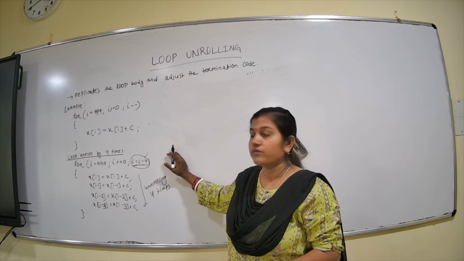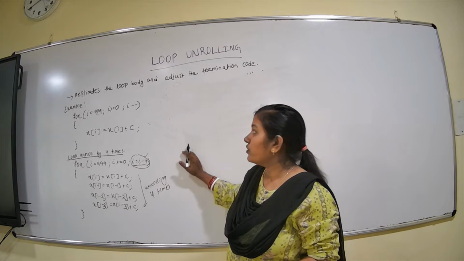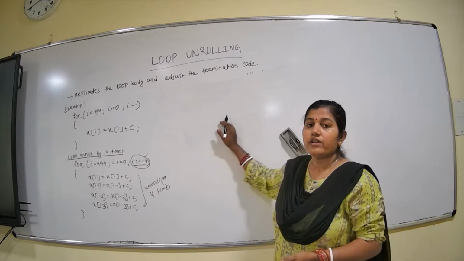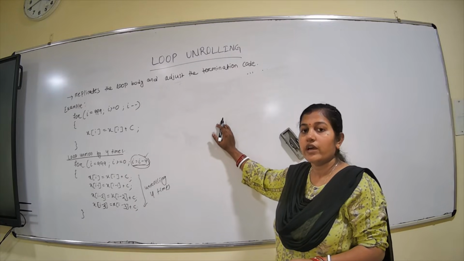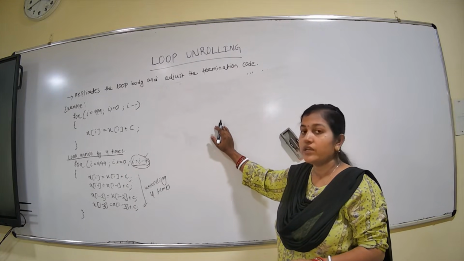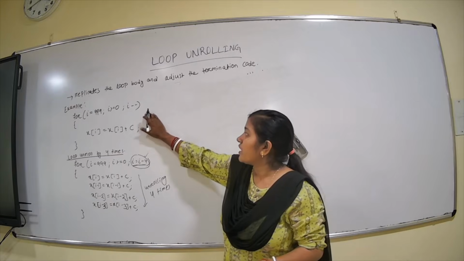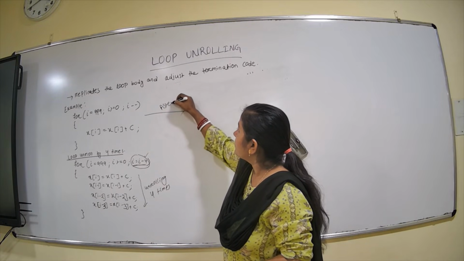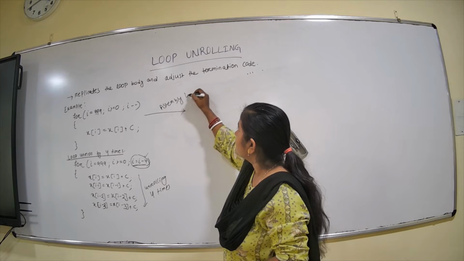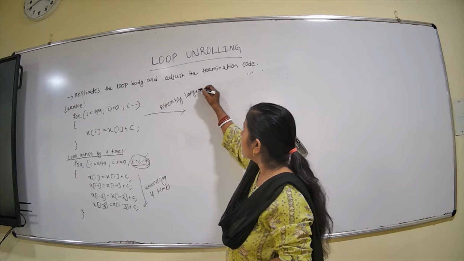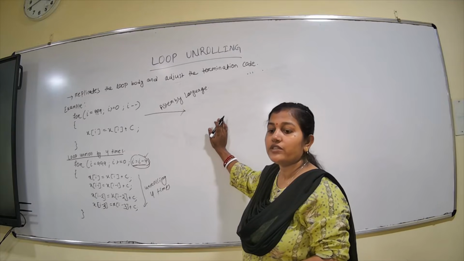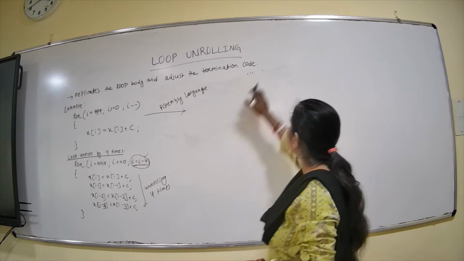Now I will show you how we do this through assembly language. So first of all, what is the assembly language for this? Before writing the assembly language, you have to make some assumptions.